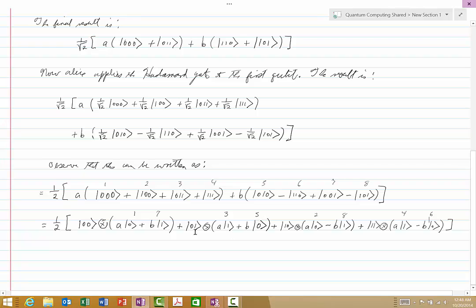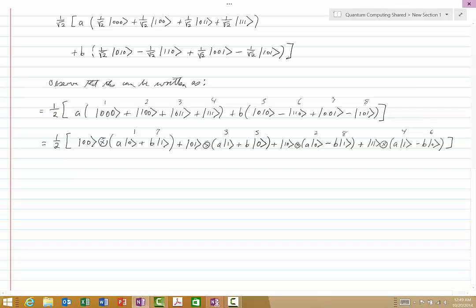So if you look, we have terms 1, 2, 3, 4, 5, 6, 7, and 8. So we haven't used any terms more than once, and we have used all the terms from above. So this expression is equal to what we have here.